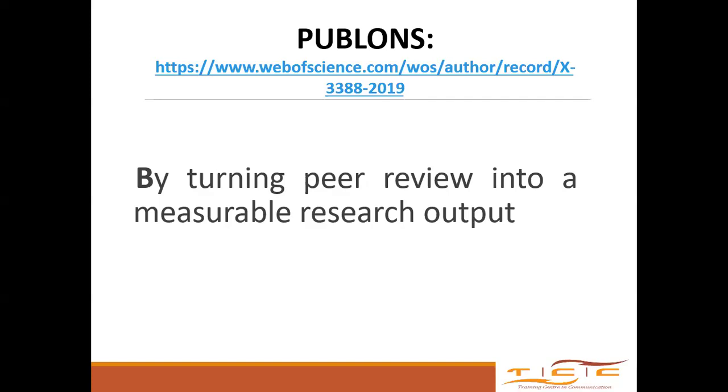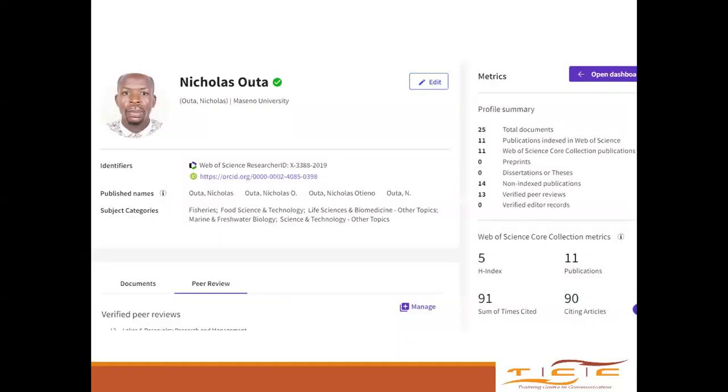I'll show you all of this one by one after this presentation so that you also get to understand where they are and how you can get there. Publons is where you are now turning your peer review into a measurable research output. I will show you how that is done, but you need to go and register on Publons so that every time you do a peer review, you claim it and register it there. And then this goes into your credentials as a peer reviewer.